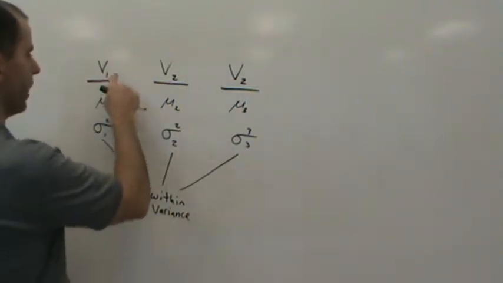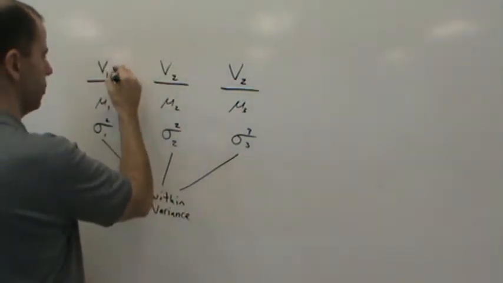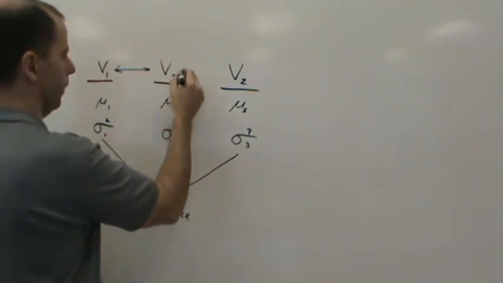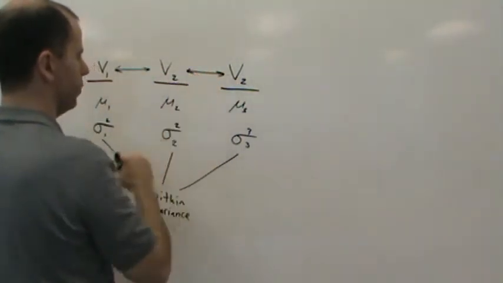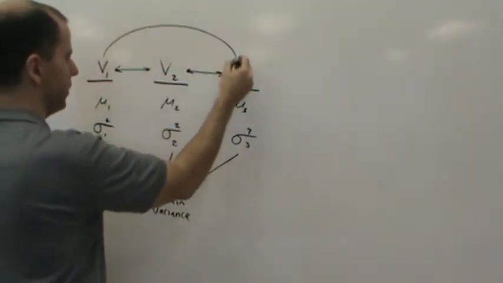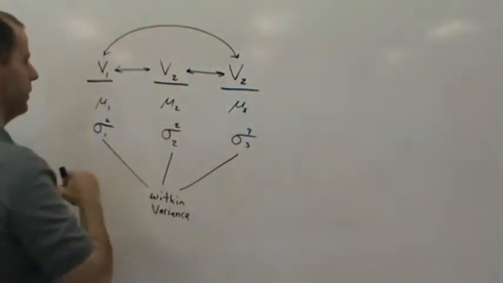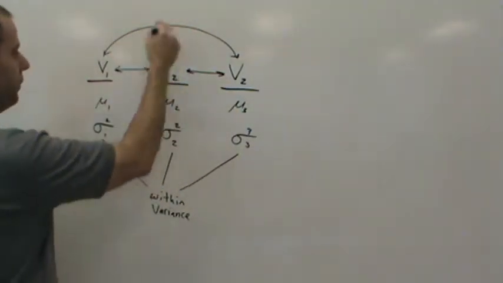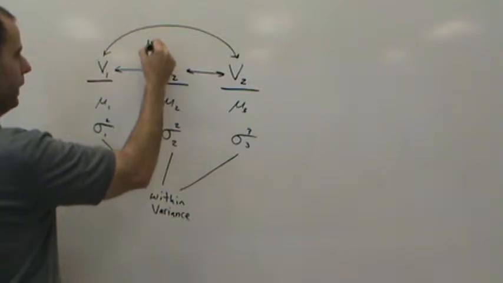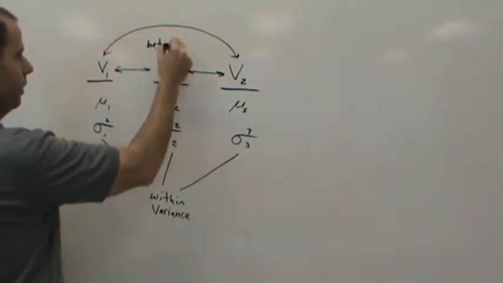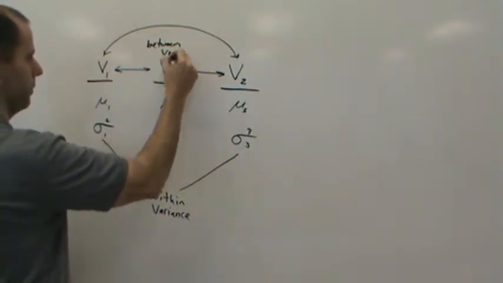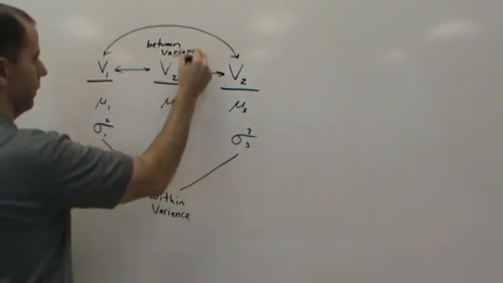But there's also variation in between, right? There's variation between these two, variation between these two, and variation between these two. And what we call these variations is the between variances. Okay?